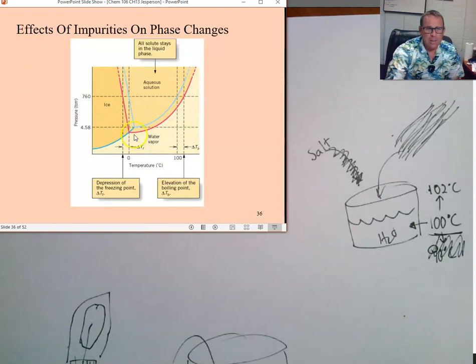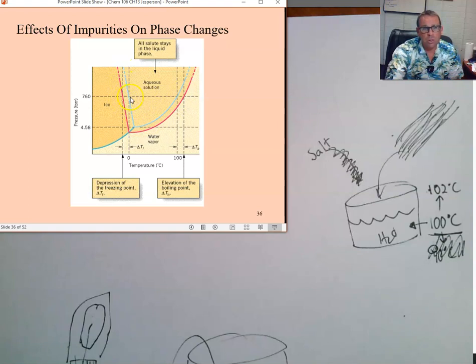Look at this here, it decreases the freezing point. So here is your ice going to liquid phase. The freezing point of the solution is red here. The freezing point of the water is blue.